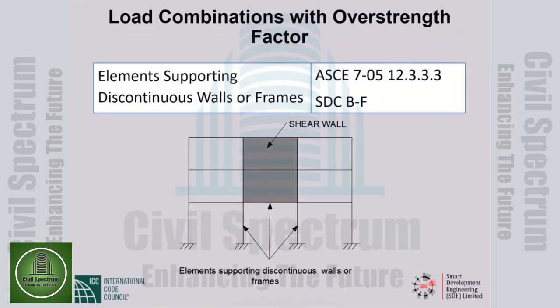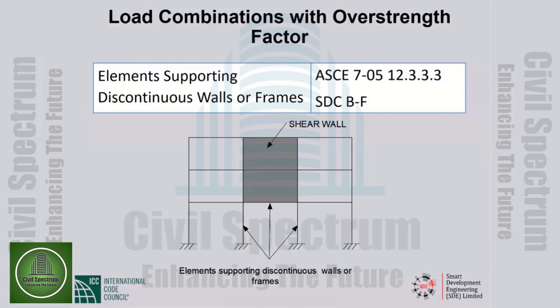The second is much more important. These things are everywhere. Elements supporting discontinuous walls or frames. So the thousands of residential buildings where people park their cars underneath the apartment building, all of them have columns supporting walls.